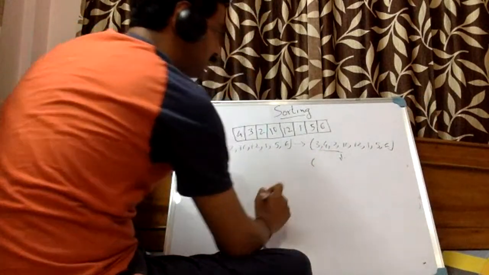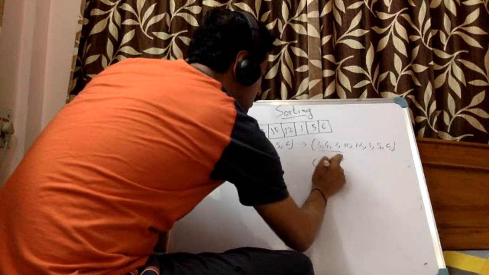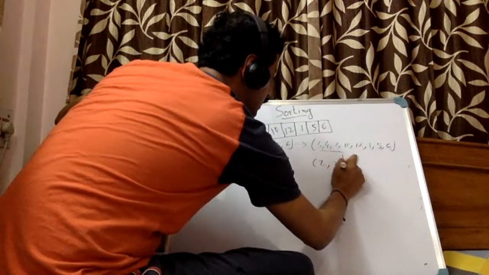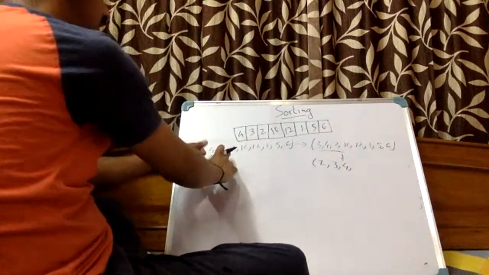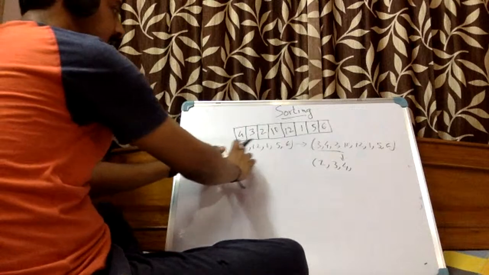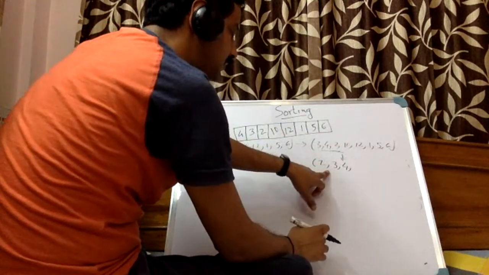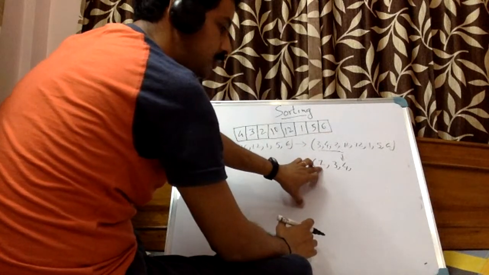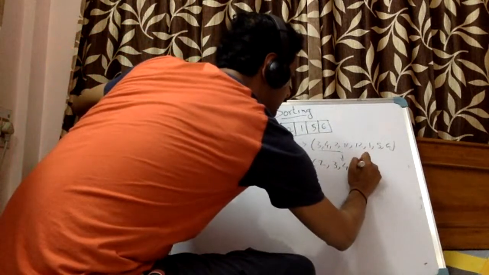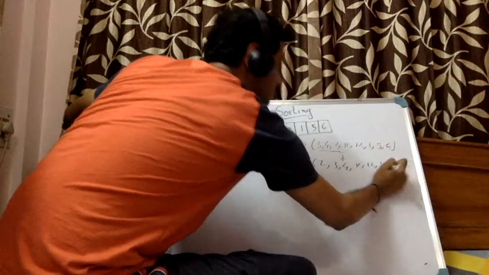I have the values 2, 3, 4. See, in the first pass, I just compared these two numbers. In the next pass, I am comparing these three numbers. Here 2 is less, so it is coming to the first place. Then 10, 12, 1, 5, and 6.